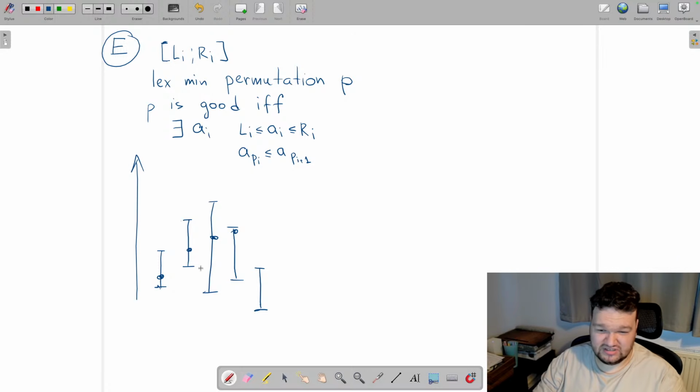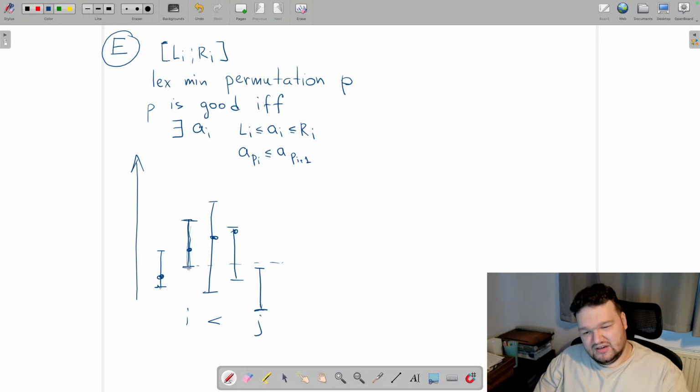The issue here is that this second position's whole segment is higher than the segment for the fifth position. If the array is non-decreasing, it means that for every two positions I and j where I is smaller than j, AI must be at most AJ, but if Li is strictly greater than Rj, that is bad.